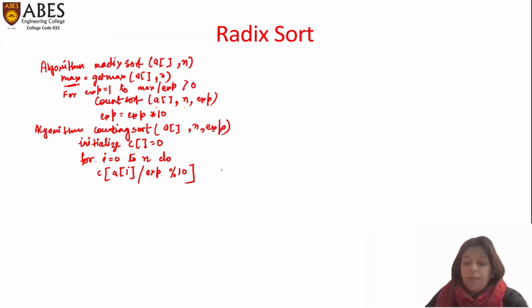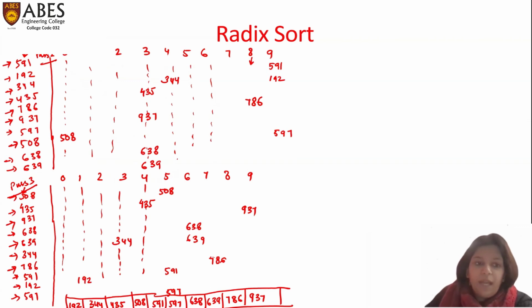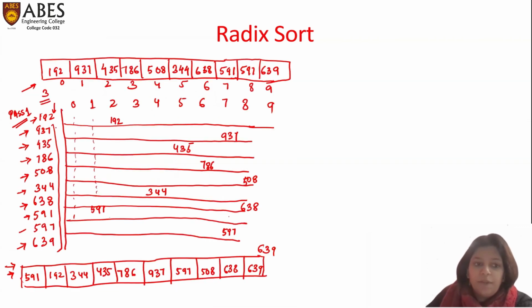So let us just try to understand how this will work. The values that we had, suppose in the first pass we were having 192, right? So for 192, this value is A[I]. Now we are dividing it by exp, which is 1. So the number will remain same, 192. And then we are taking its remainder by 10. So this value will become 2. What we have to do?